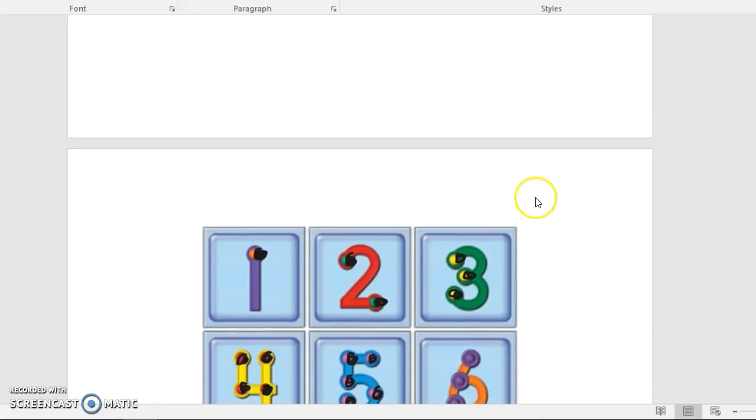The student will touch each dot every time they count. So they would say 1, 2, and they would trace it. 1, 2, 3, and they would trace it.